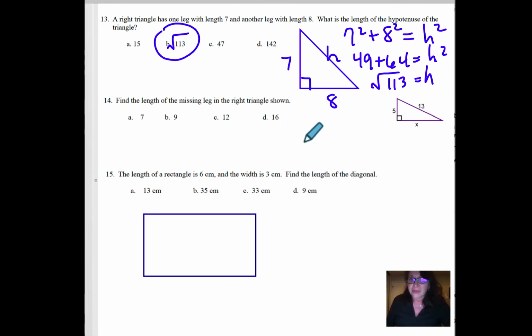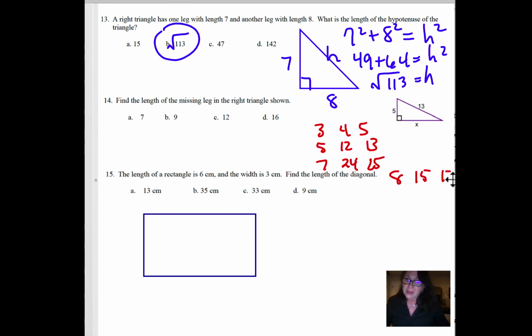Find the length of the missing leg in the triangle. Well, what I want to make sure that you all remember are your Pythagorean triples. Those are the right triangles that are most commonly used, such as 3, 4, 5, 5, 12, 13, 7, 24, 25, and the last one, which is 8, 15, 17.